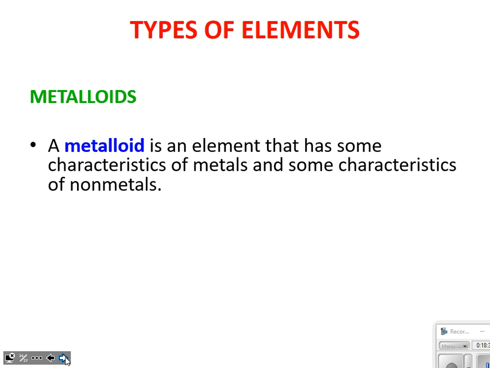I've even heard metalloids referred to as semi-metals. A metalloid is an element that has characteristics of metals, but also some characteristics of nonmetals. So it's kind of a tweener. Guess where they're at on the periodic table? In between the metals and the nonmetals. They're tweeners.